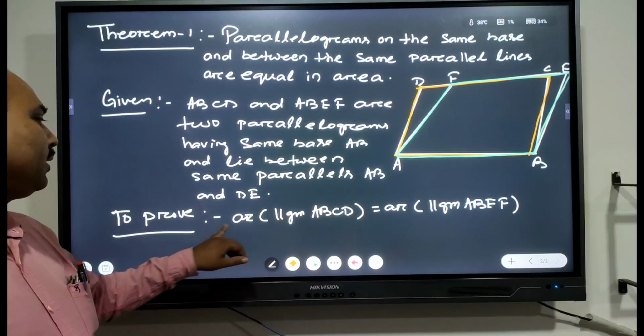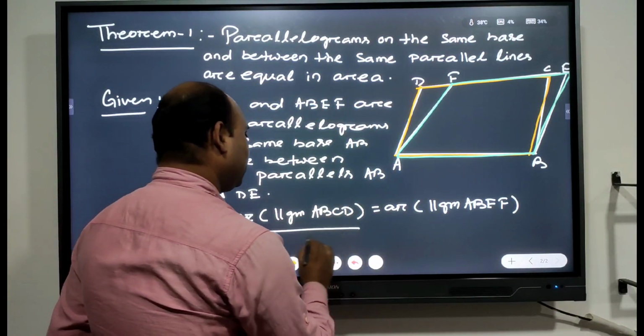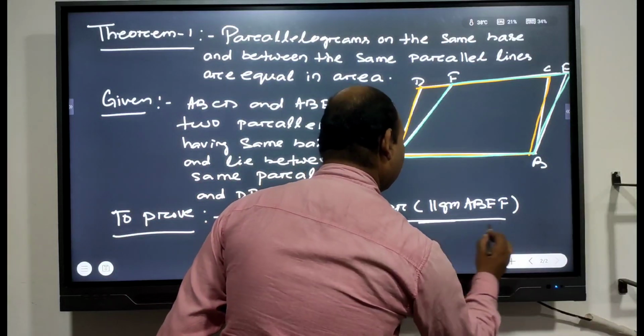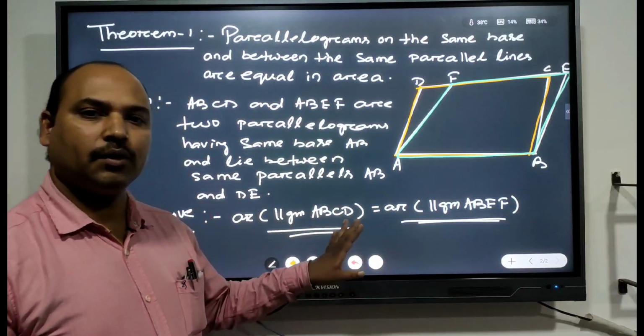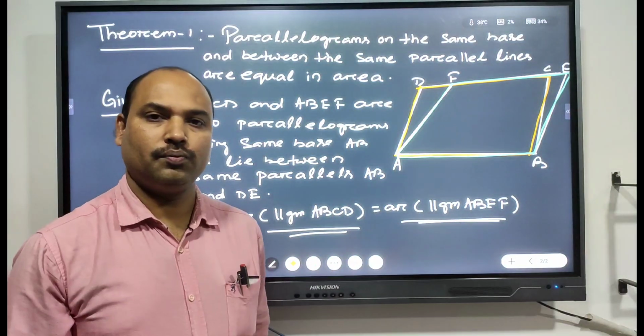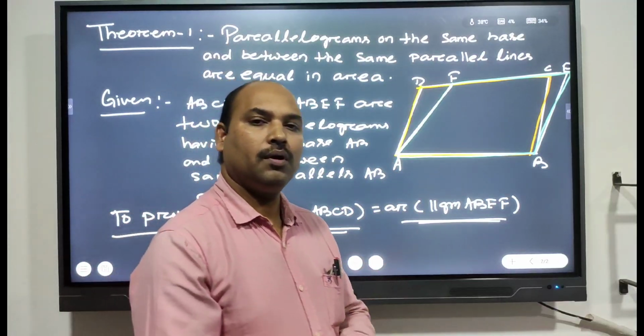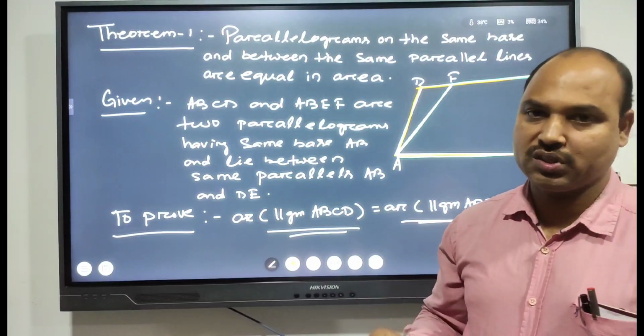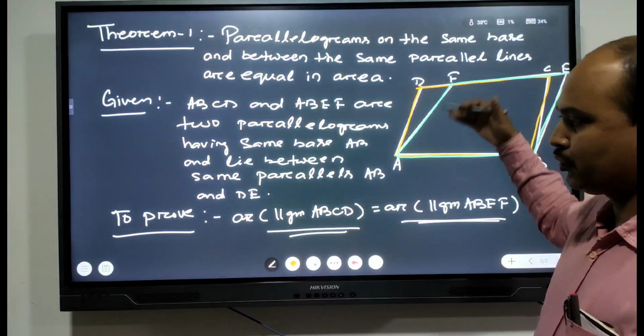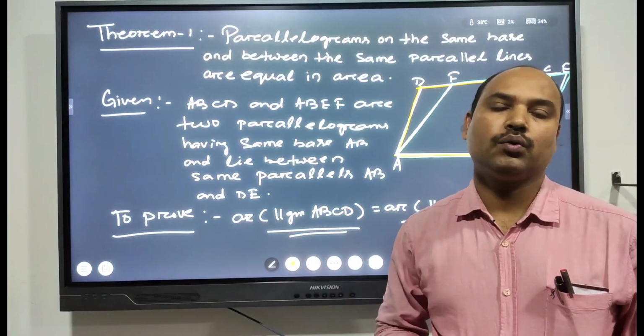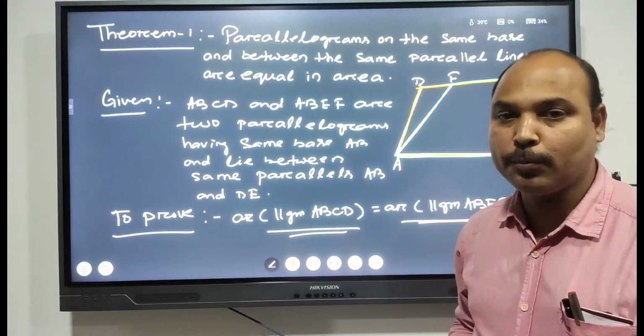We have to prove that the area of parallelogram ABCD and the area of parallelogram ABEF are both equal. To prove this theorem, we have no need of construction. So no need of construction here. Directly, we will go for the proving part.